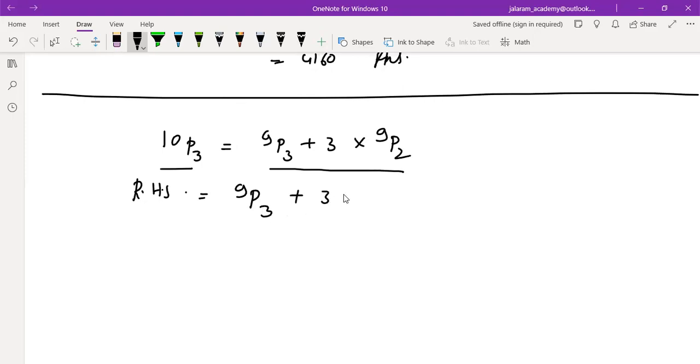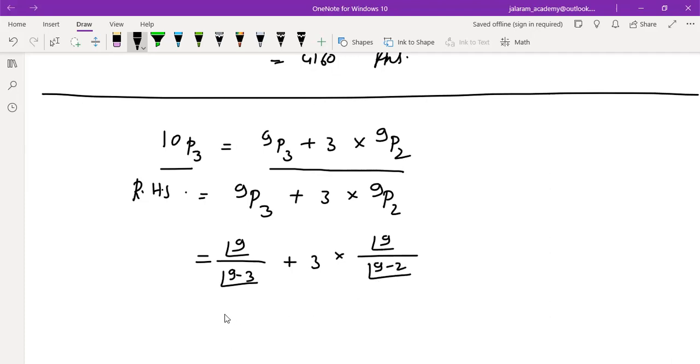So 9P3 plus 3 into 9P2. Okay. So 9P3 is what? We write factorial 9 upon factorial 9 minus 3 plus 3 into factorial 9 upon factorial 9 minus 2, equals factorial 9 upon factorial 6 plus 3 into factorial 9 upon factorial 7.